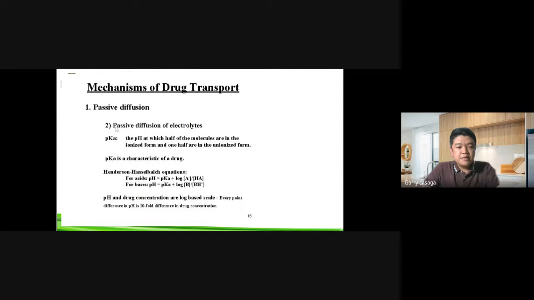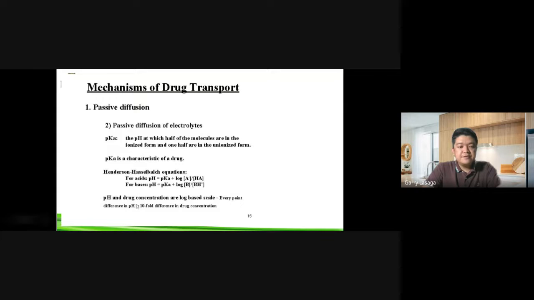So again, when we say pKa, that refers to the pH at which half of the molecules are in the ionized form and one half of the molecules are in the unionized form, meaning that the proportion of the ionized to the unionized form of a particular drug is equal to 1. So in the Henderson-Hasselbalch equation, pH and drug concentration are on a log-based scale.